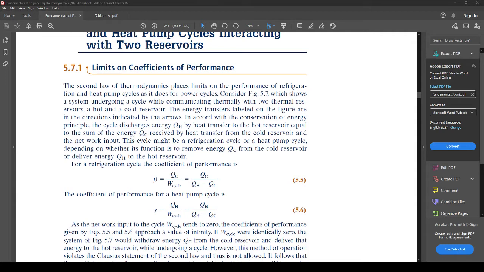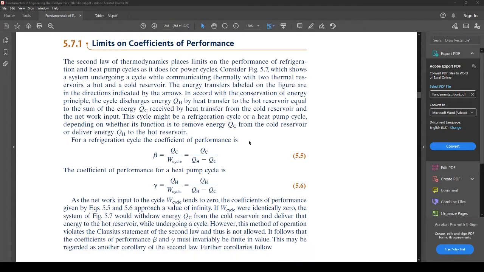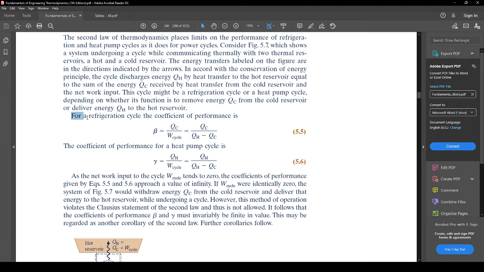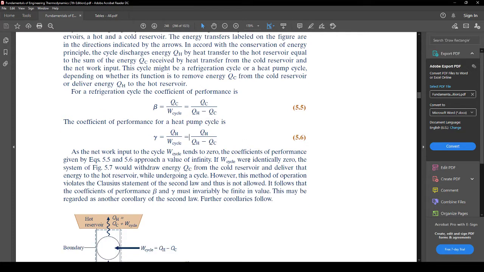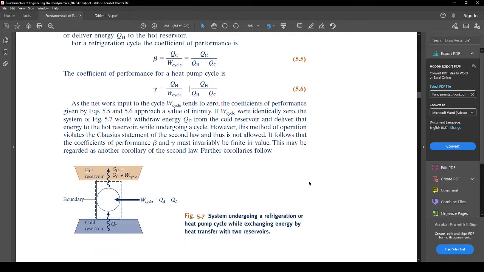Give me 1 second. Let me move down. The first one is a refrigeration cycle. So beta, the B, is for refrigeration. Gamma is for heat pump. And it says, as the net work input to the cycle tends to 0, the coefficients of performance given by equations 5.5 and 5.6, which are these two right here, would approach a value of infinity.